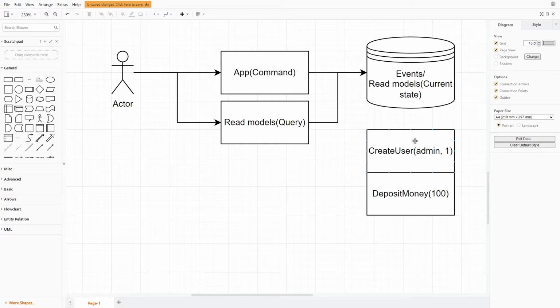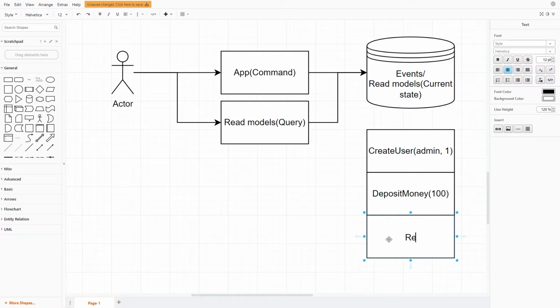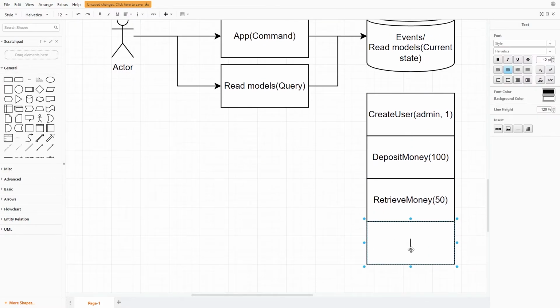But what we can do is apply all of those events in order to get the current state of our application. Or if we have some other events, like our user wants to retrieve his money, for example 50, then deposit money once again, deposit money 10.